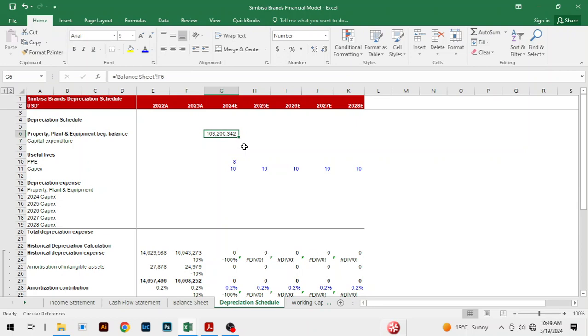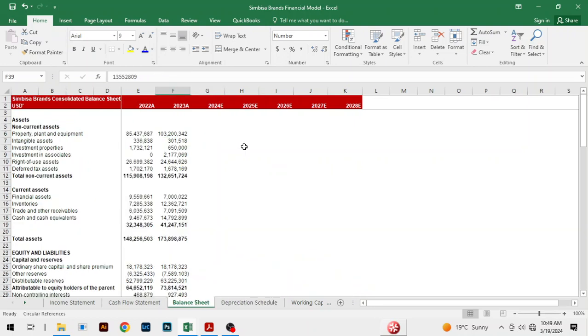So what I want to do is go back to the balance sheet. Here I'll press equals, and then I'll press plus this figure here. Perfect.